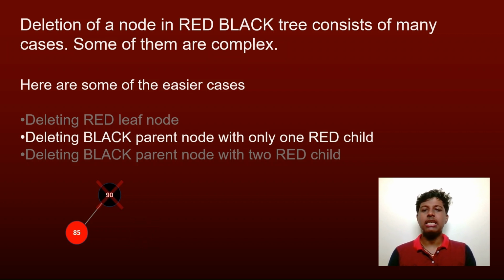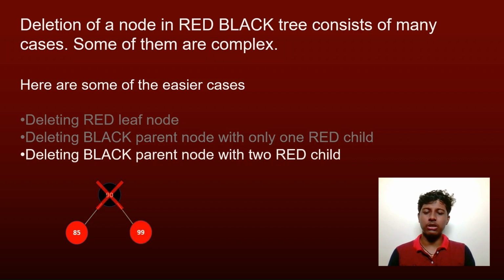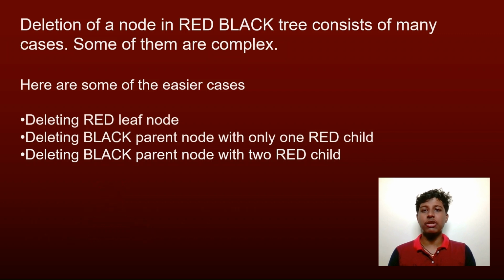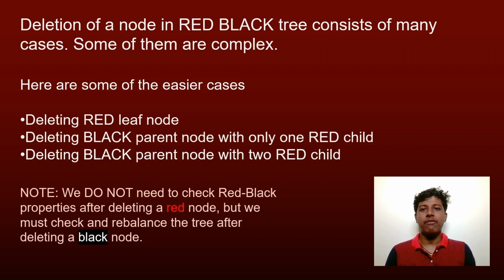The third case is about deletion of a black node but with 2 red children. In the deletion of a node in a red-black tree, we have to concentrate more on the deletion of a black node because this violates the main properties which are followed by the red-black tree. That is, the number of black nodes on any path remains constant.